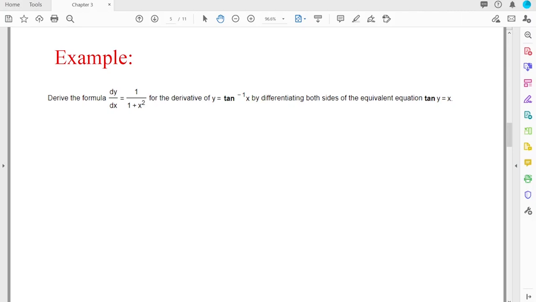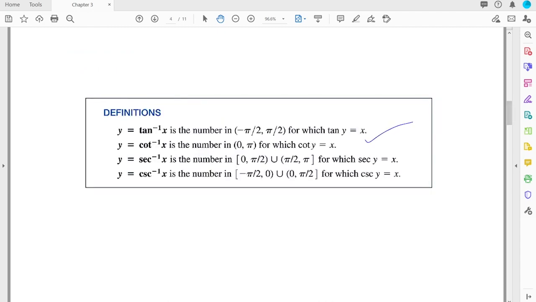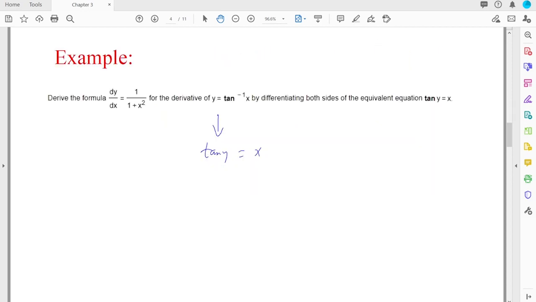Since we know y equal tan inverse of x, that means tan y equal x, and that's coming from the definition. If you go back to the definition, this is equivalent to this one. So y equal tan inverse of x is only possible if tan y equal x. Okay, so that's an equivalent definition.